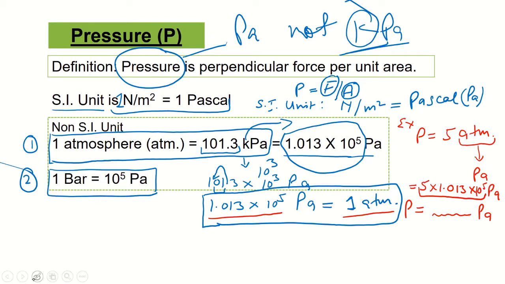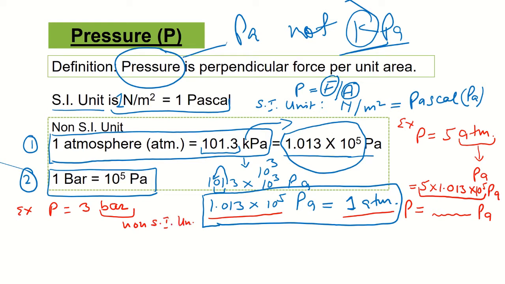For example, if the pressure value is given as 3 bar, we cannot use this number 3 for the calculation because bar is a non-SI unit, not the standard unit.